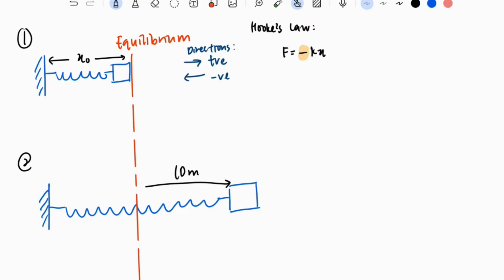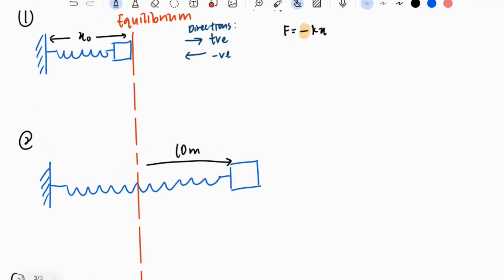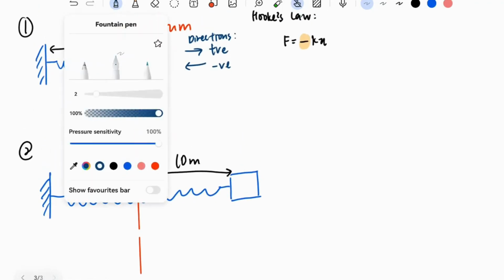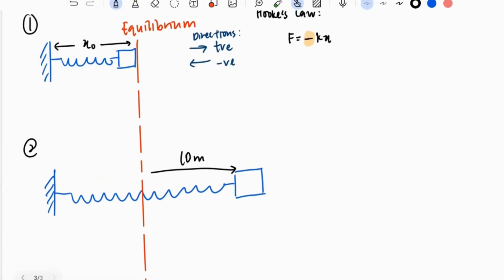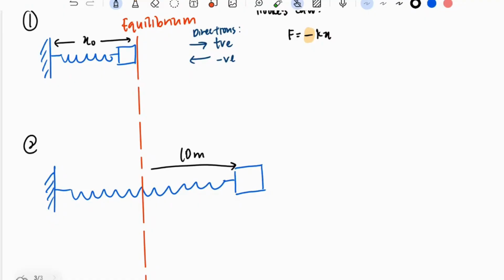So now, let's start with the second scenario. I have extended the spring for 10 meters to the right. This is my equilibrium position. Any length that I extend to the right side of my equilibrium position, doesn't matter how long or how short, it will be positive.